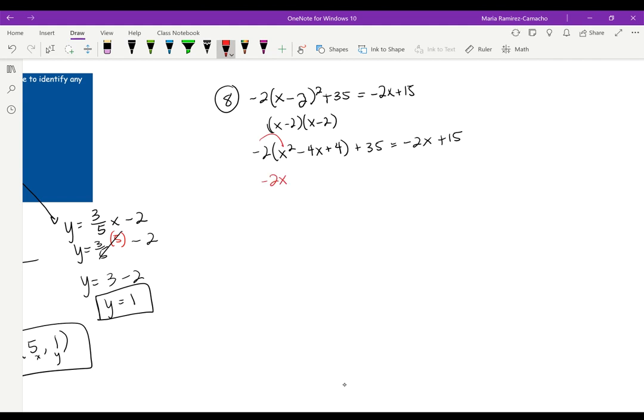Negative 2 times x squared is negative 2x squared. And then we've got plus 8x minus 8 plus 35 equals negative 2x plus 15. Let's combine these like terms. Negative 8 plus 35 is 27.